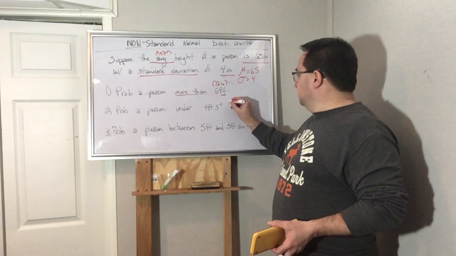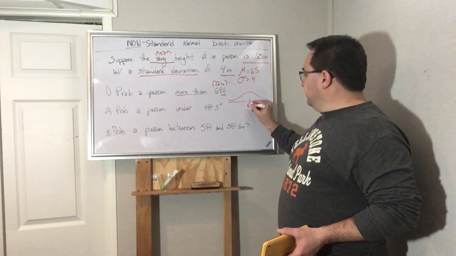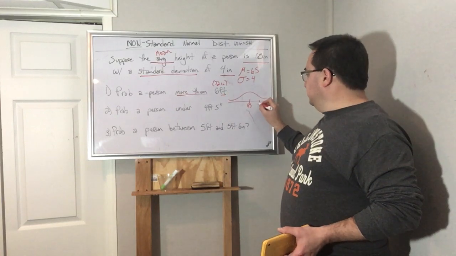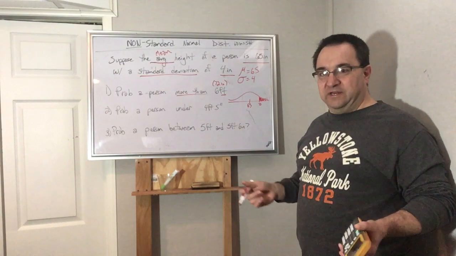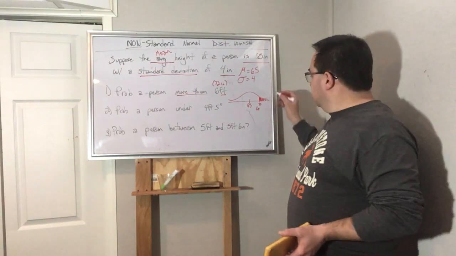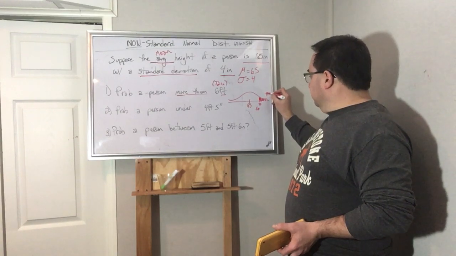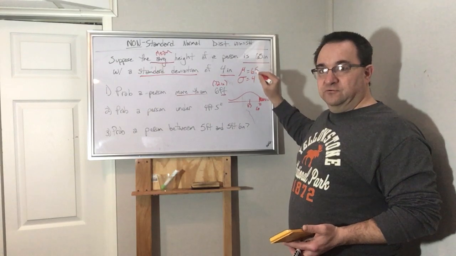What does that look like? The mean is 65. 72 would be here, and I want to know how many are more than. So the 72 would be my low value. 99999, or infinity, would be my high value. And now I have these values for mu and sigma.